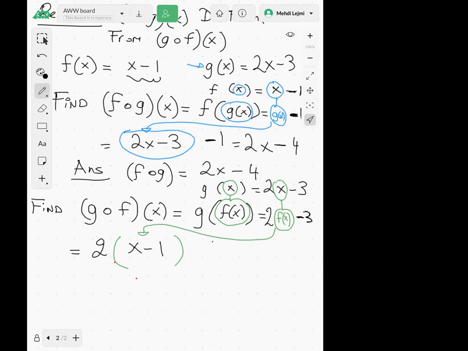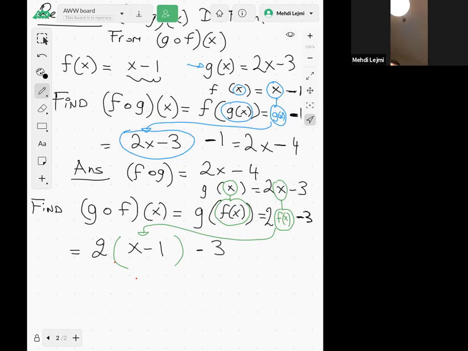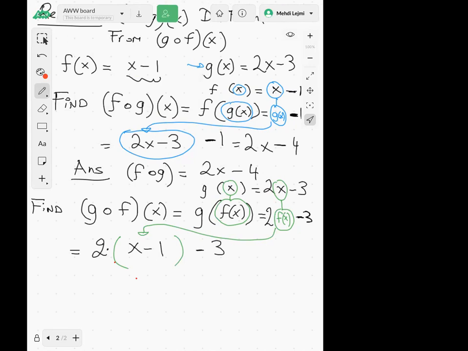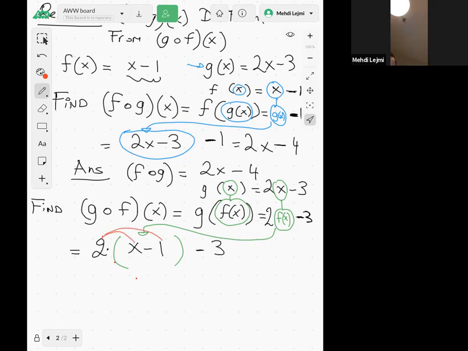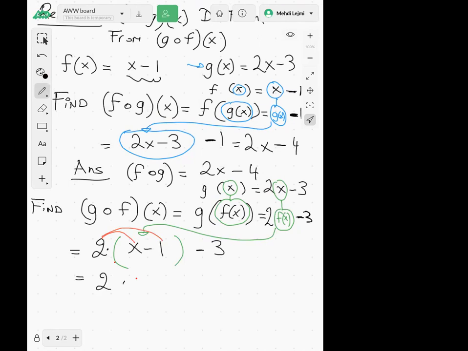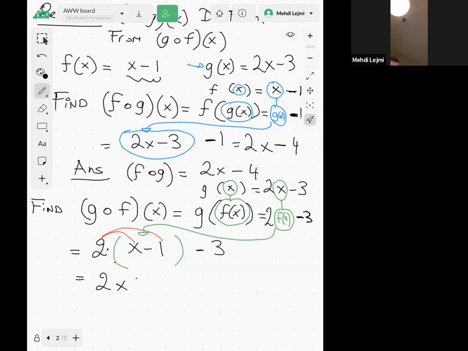The parentheses here are really important, guys, because then you have to distribute. I have to multiply 2 by x and then 2 by 1. So that will be 2x, and then 2 times minus 1 is minus 2, and then there's minus 3. So the answer is 2x minus 5.